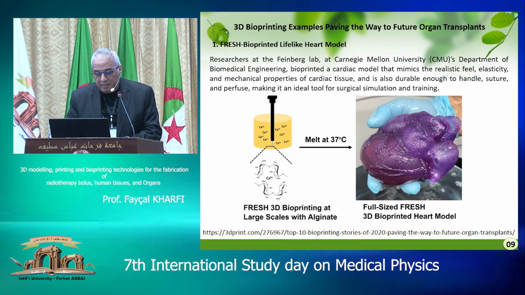They bioprinted a cardiac model that mimics the realistic feel, elasticity, and mechanical properties of cardiac tissue, and is also durable enough to handle suturing and perfusion in order to use it for training. This is the first example of 3D bioprinting.